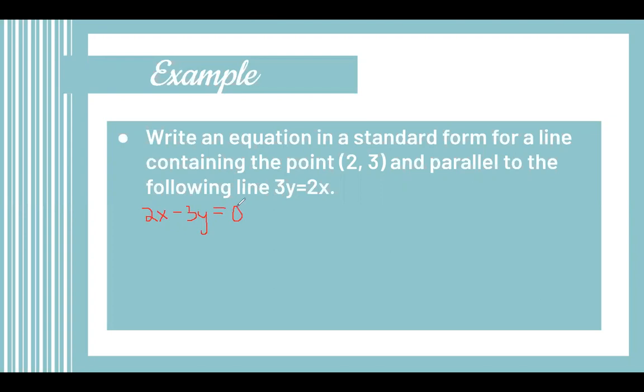So that's the standard form of the equation, and we want it to be parallel. So the left side can stay the same, and we just have to plug in the point to find the new constant. So we'll have 2 times 2, because we're plugging in our x value here, minus 3 times 3, because that's our y value in our point, and that is equal to 4 minus 9, which is equal to negative 5.